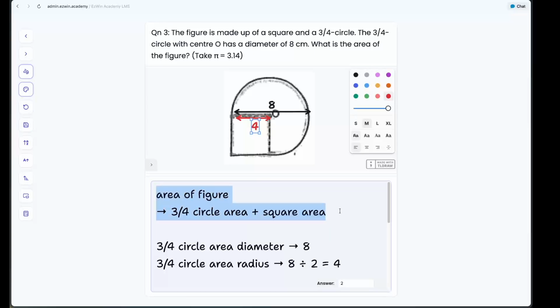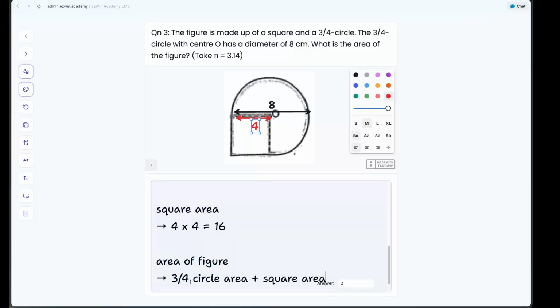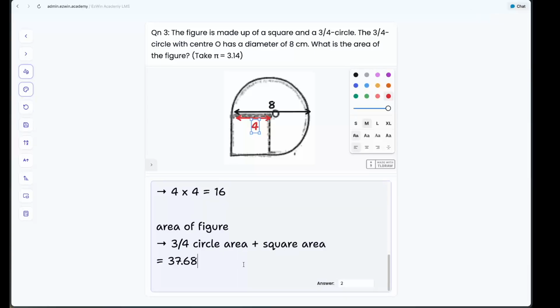So area of figure is basically 3/4 of circle area, 37.68, plus the square area, and this will give us 53.68 centimeter square. Okay, there you go. So that's the answer, 53.68.